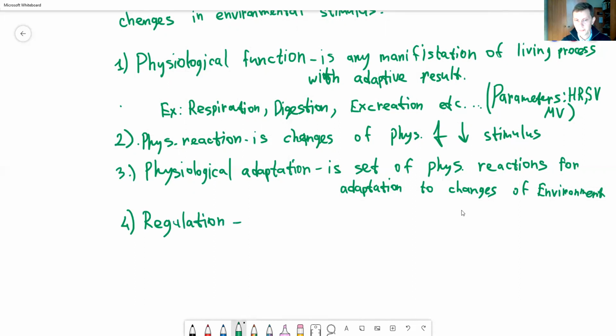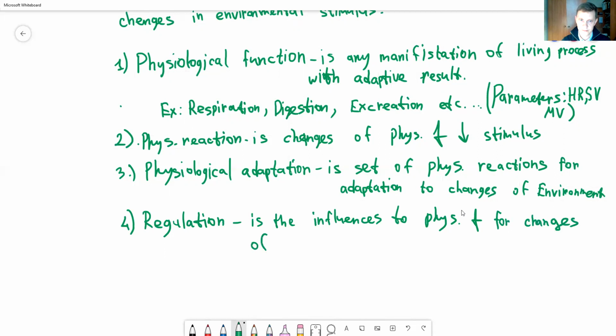Okay, and very useful, we will use in explanation of physiological processes this terminology, physiological regulation. Regulation is the influence on a physiological function for changes of parameters of the physiological function. Okay, we need this for maintaining of homeostasis.